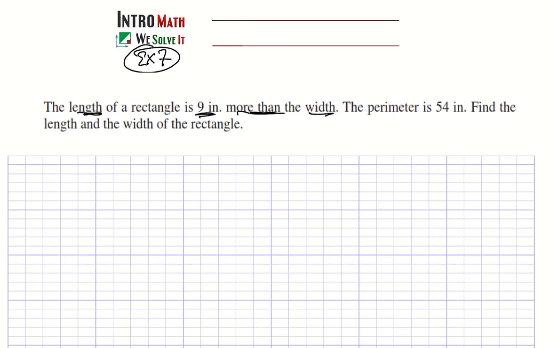Usually they will give you the perimeter of a rectangle, even in the exam. The perimeter is equal to 2 times length plus 2 times width. We'll let L be the length and W be the width.